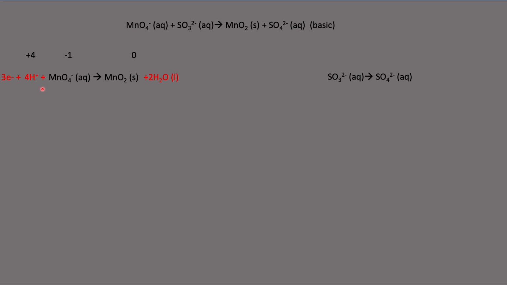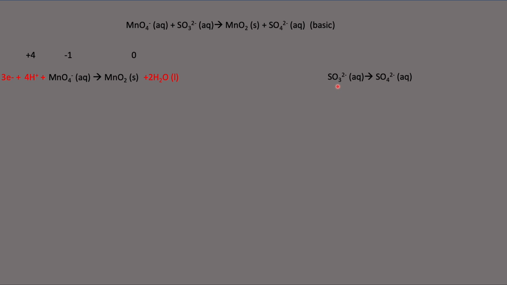Once we add those electrons, we're good to go, and we can move on to our second half reaction over here. SO3 2 minus to SO4 2 minus. Do our sulfur atoms need to be balanced? No. We have 1 sulfur, 1 sulfur. We're good. Do our oxygens need to be balanced?